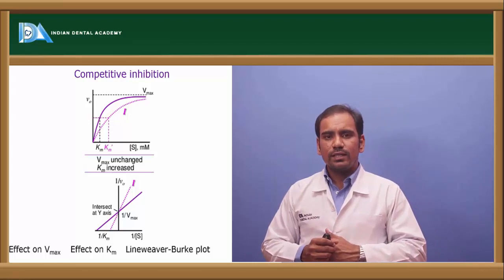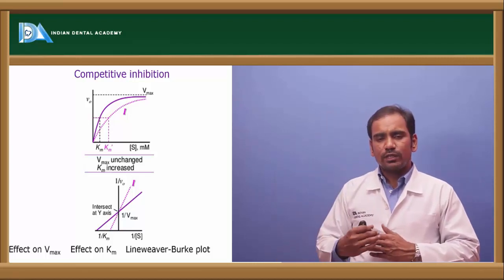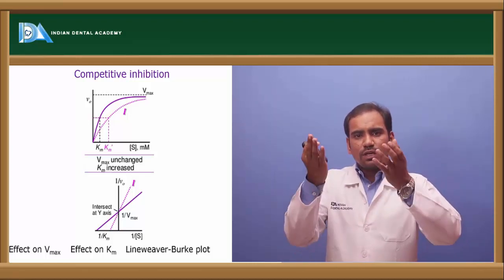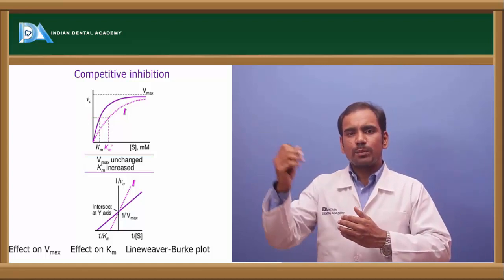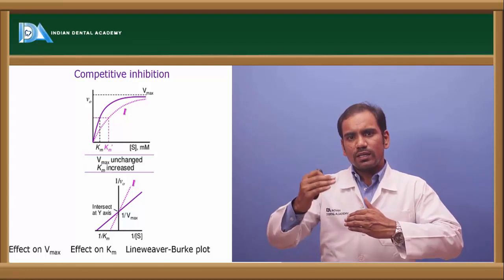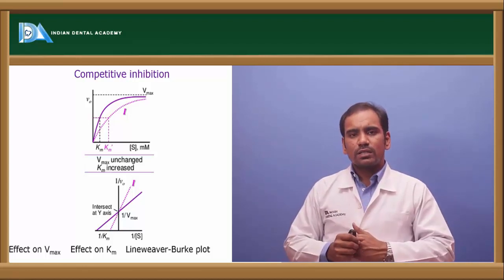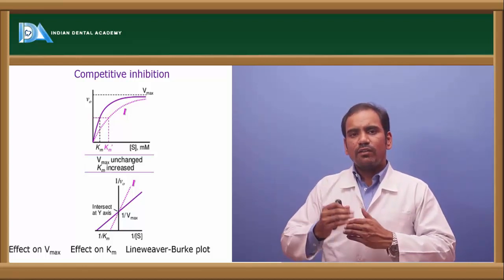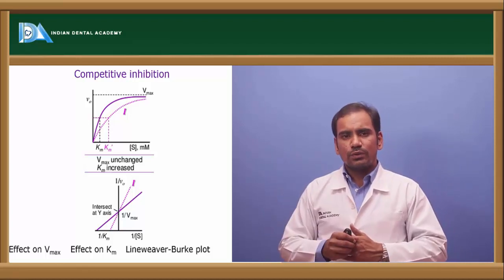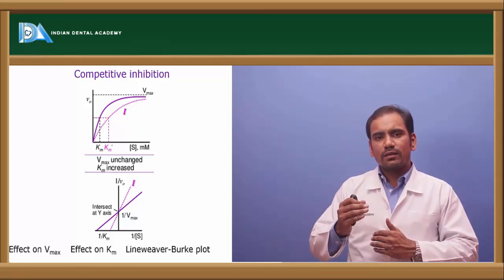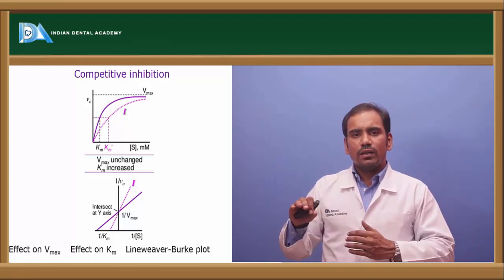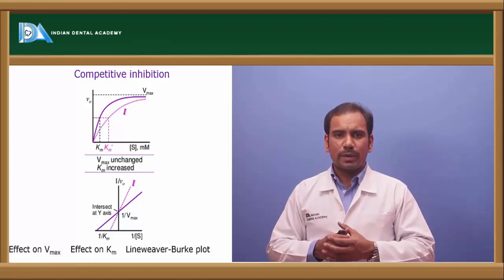The reason is that in the presence of inhibitor, we have to increase the concentration of substrate so that it attains the maximum velocity. Whenever you increase the concentration of substrate, the Km value is also increased. That's why in competitive inhibition there is an increase in Km value with unchanged velocity maximum.